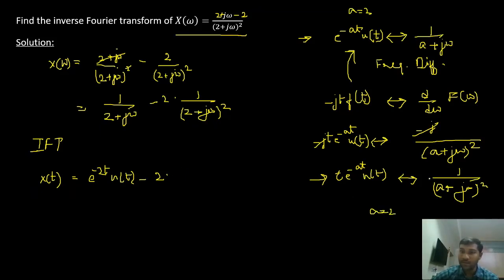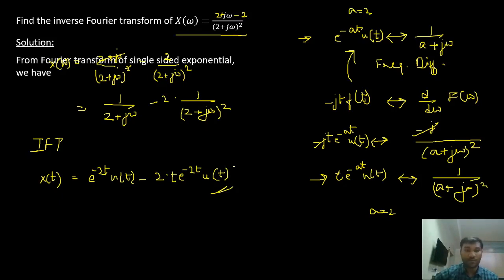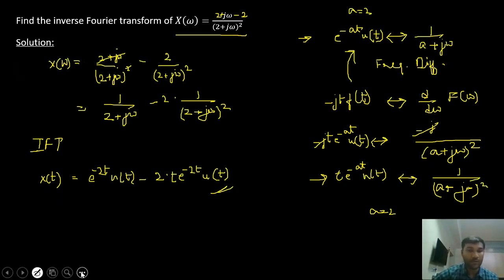On the right hand side I have 1 by (2 plus j omega) whole square, so the corresponding time signal is t into e power minus 2t u of t. So this is my inverse Fourier transform for X of omega.